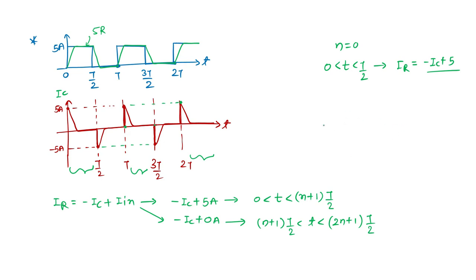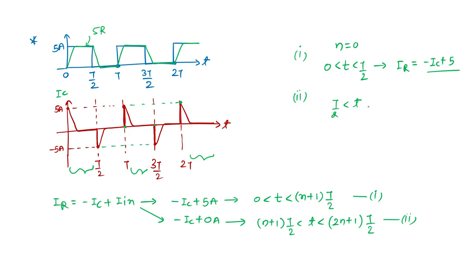So if I put n equal to 0, what will happen with the second equation? This is the first equation, and I call this the second equation. This is the result for the first equation. Now what about the second equation? It is nothing but t by 2 to t. Something is missing.